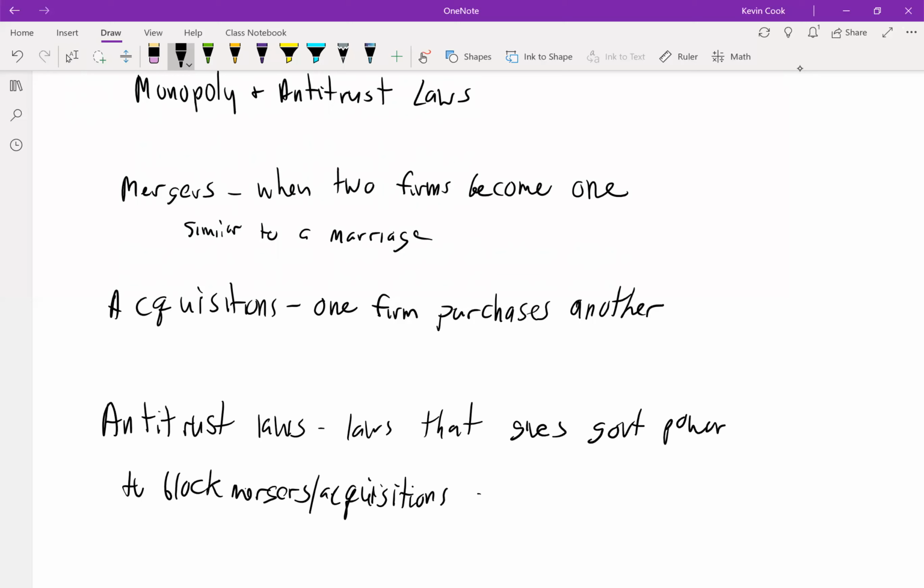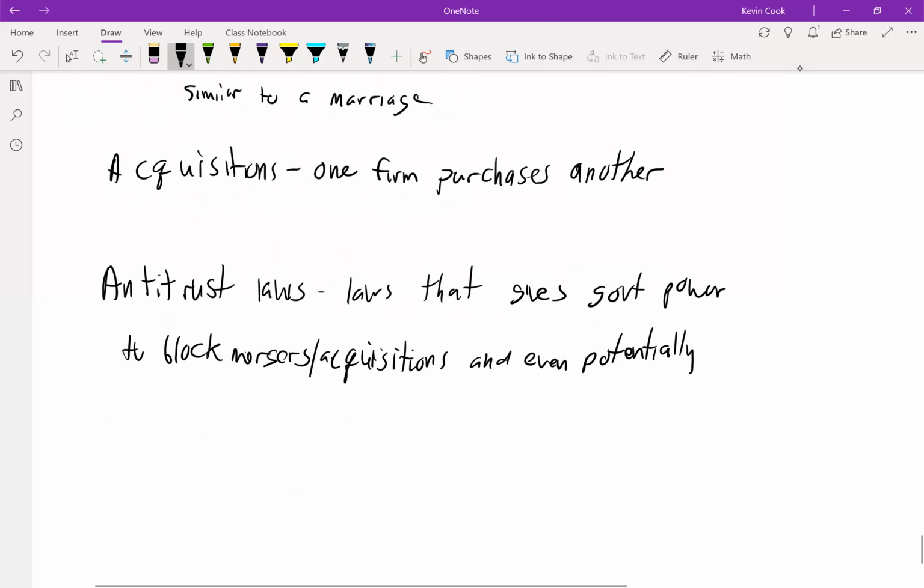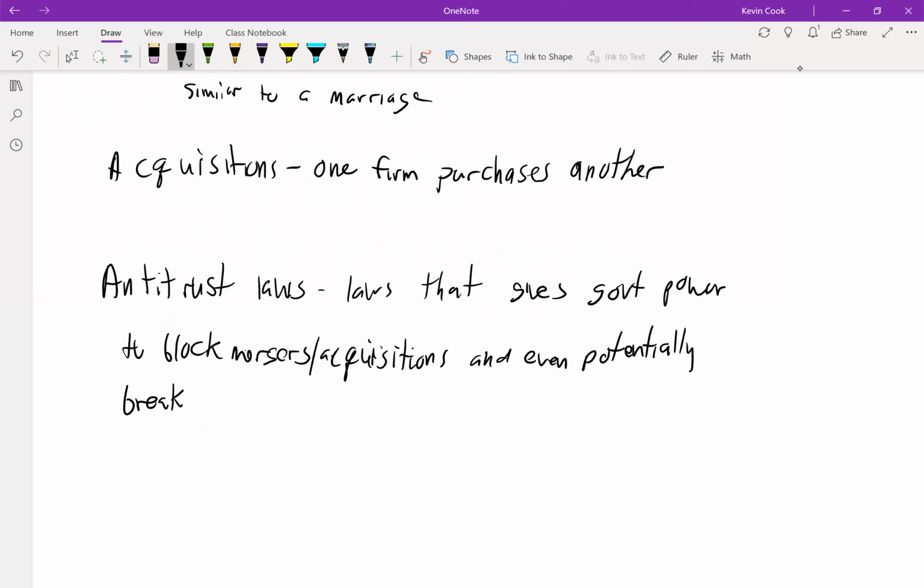And even, I'm going to say potentially, break up large firms. So if a firm is too large, they can be broken up into a number of smaller firms.